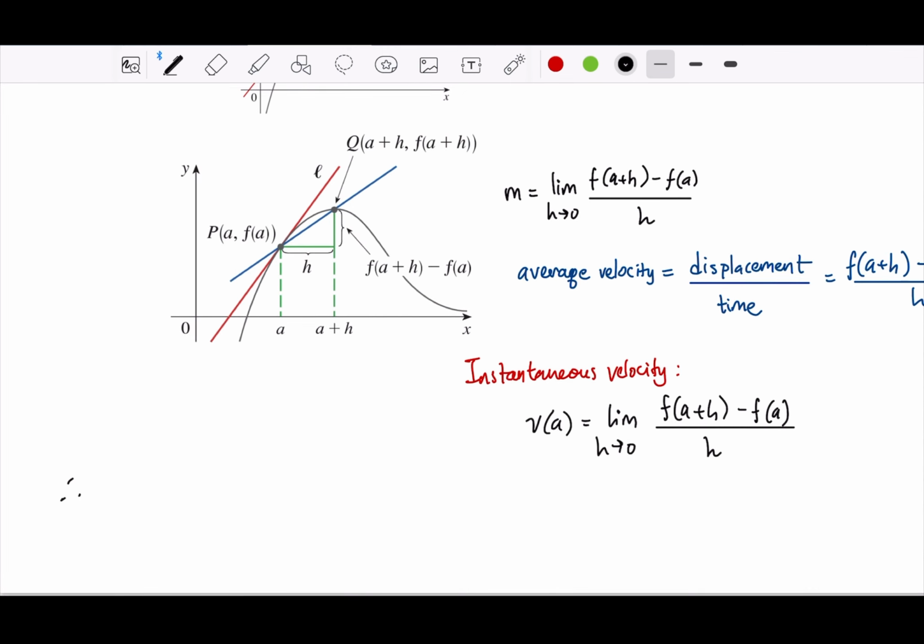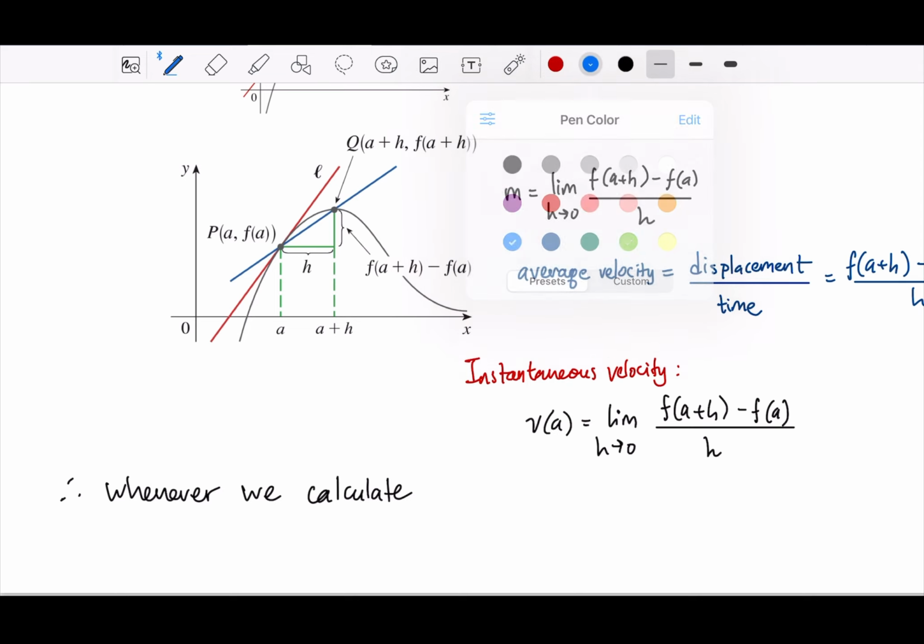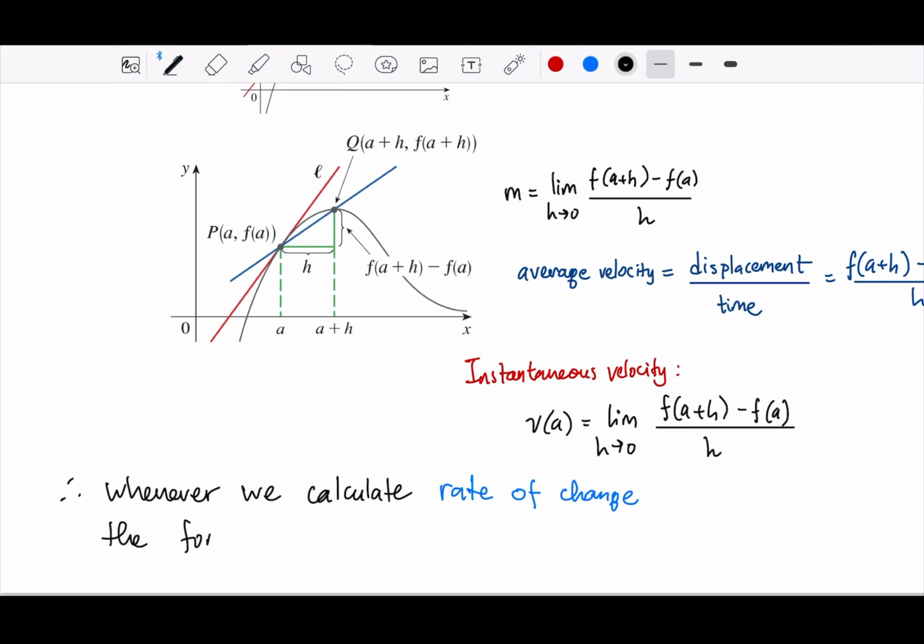Let me write here as a conclusion. Whenever we calculate the concept of rate of change, the formula is the limit as h goes to 0, and we are going to see this every time we have a rate of change.